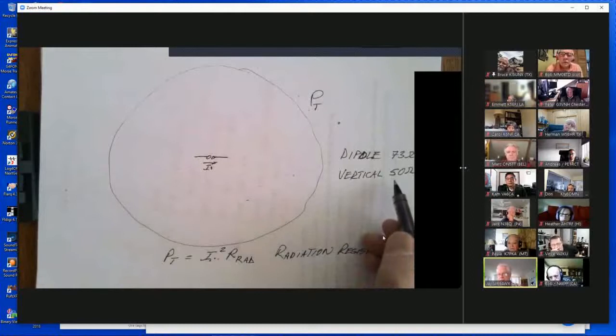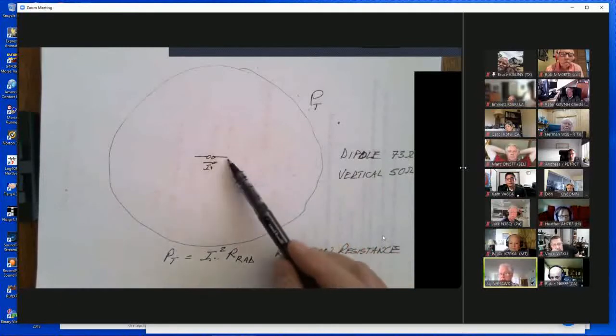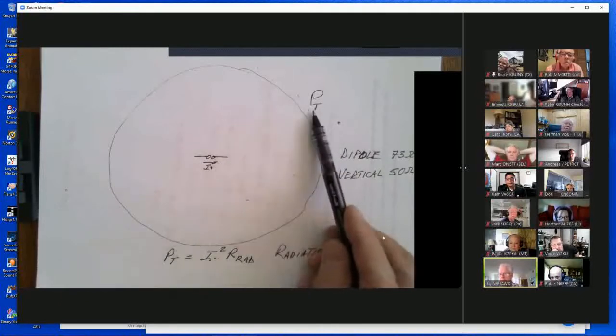It's less power for the same current. But watch what happens though. If I put 50 watts into here, I would have less current, but I'd have the same power. And it turns out power in is power out.